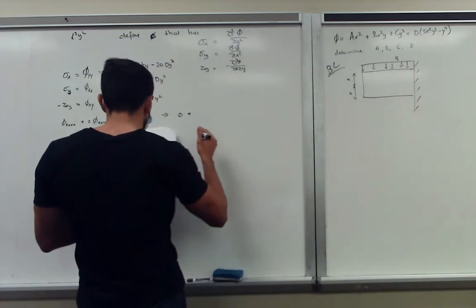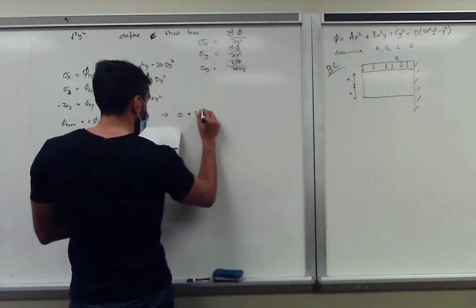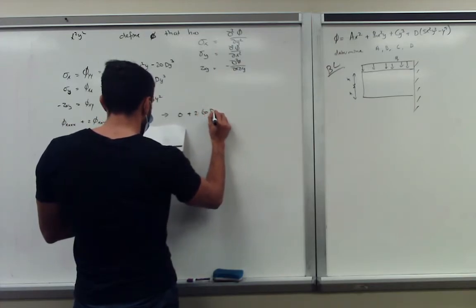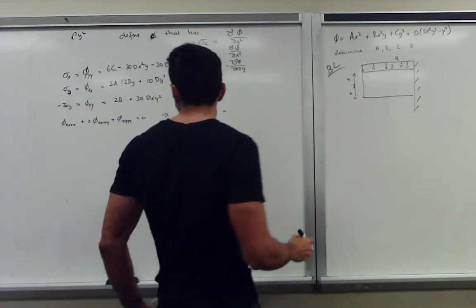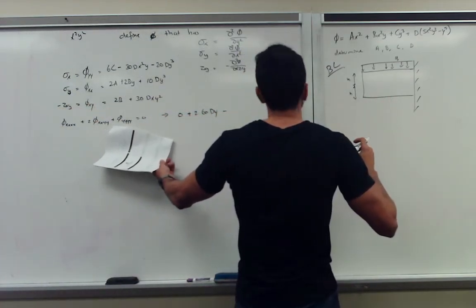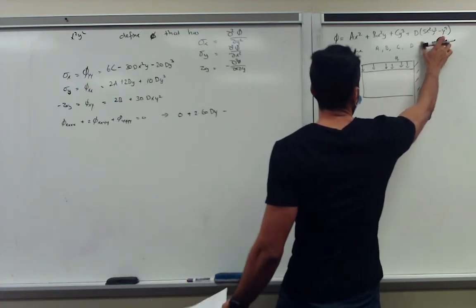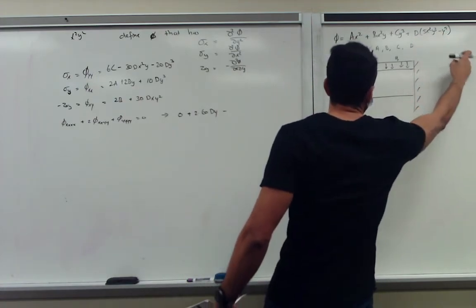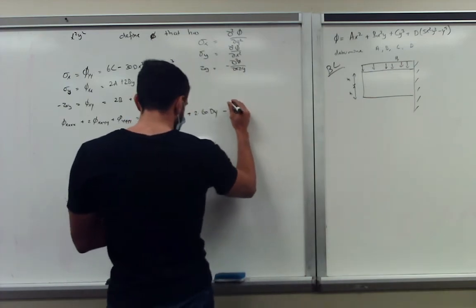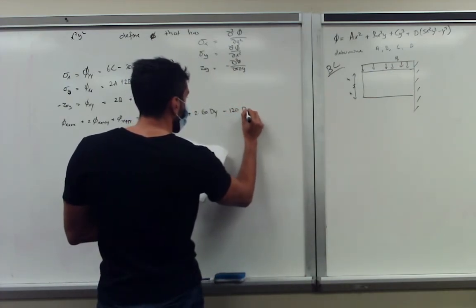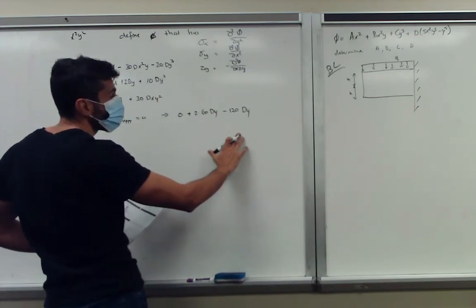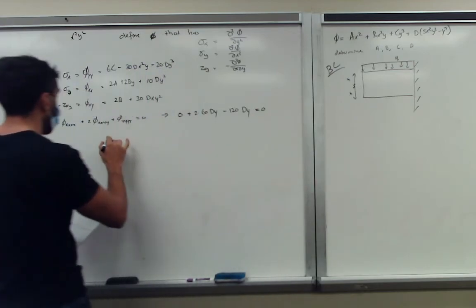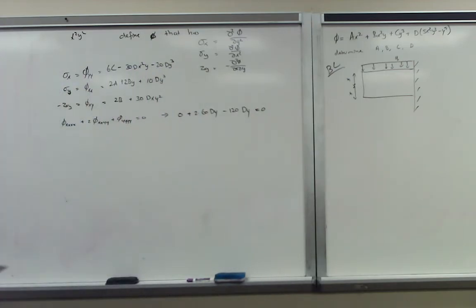What we get is 2 times 60 dy, and then the fourth derivative of phi with respect to y, so that's only one term, 5 times 4 times 3. And what we see is 160 dy minus 160 dy is equal to 0. So our biharmonic equation is satisfied. So this solution is valid to be used.